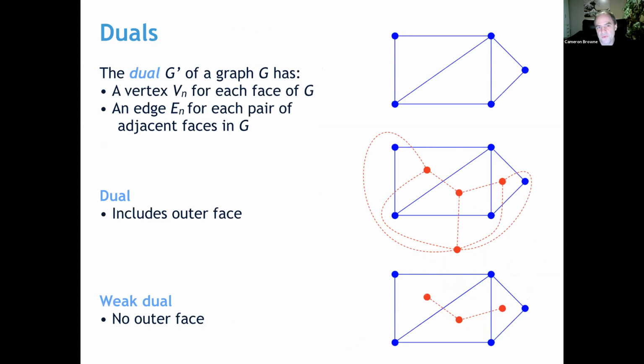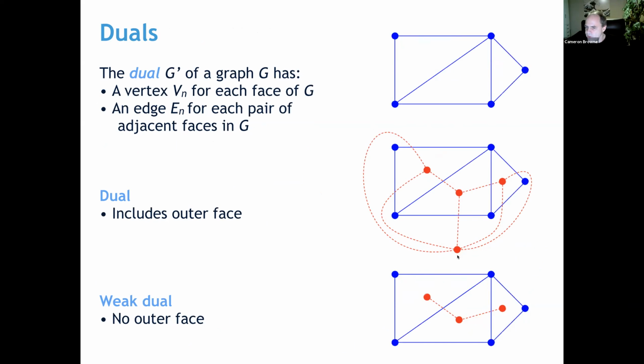A very useful concept from graph theory is the concept of the dual. So just say we have this graph at the top here, the blue graph. If we place a vertex in the middle of each cell and join adjacent cells with an edge and place another vertex in the outer region outside the board, we have the dual of the graph.